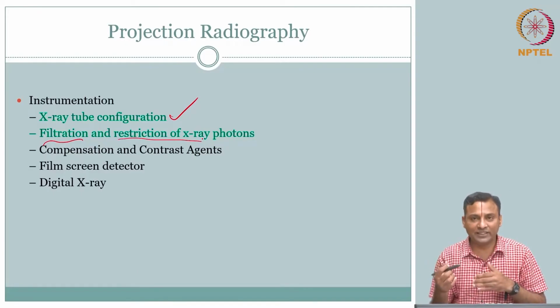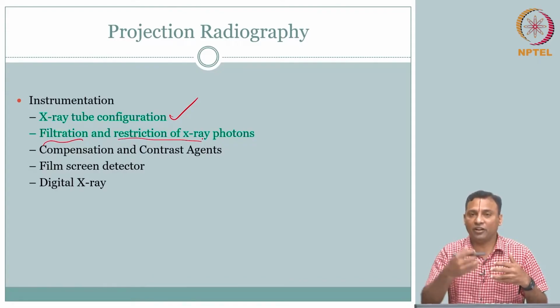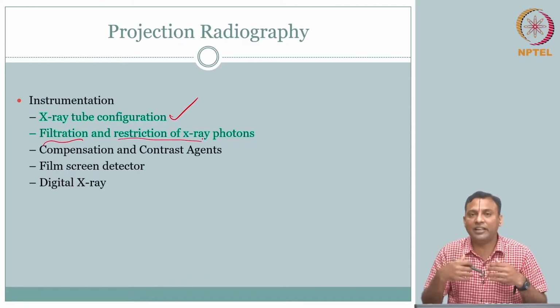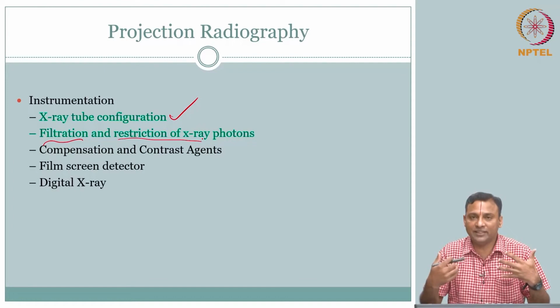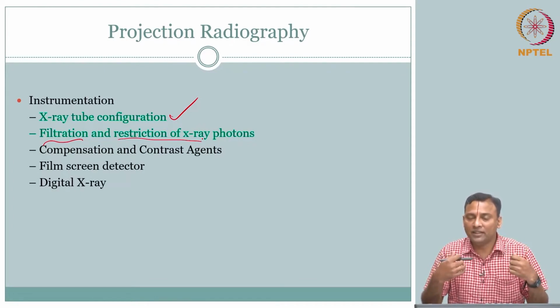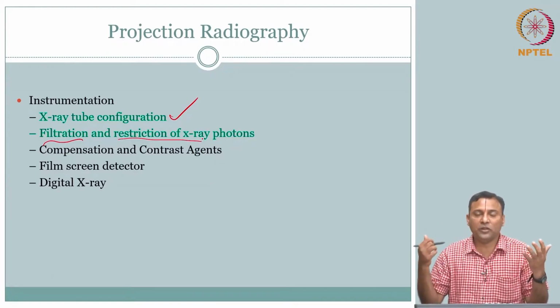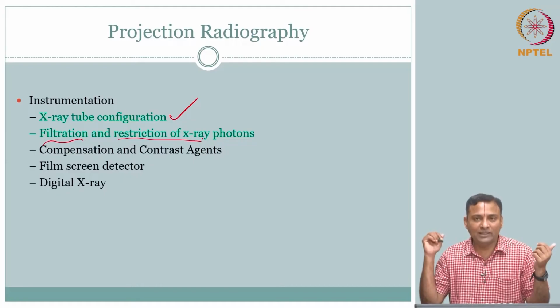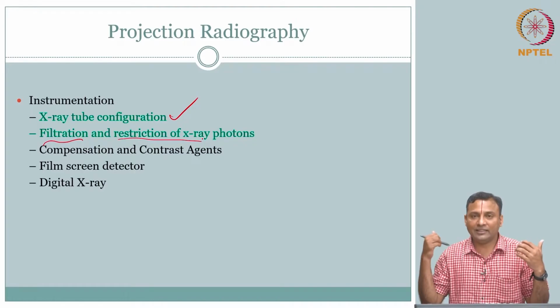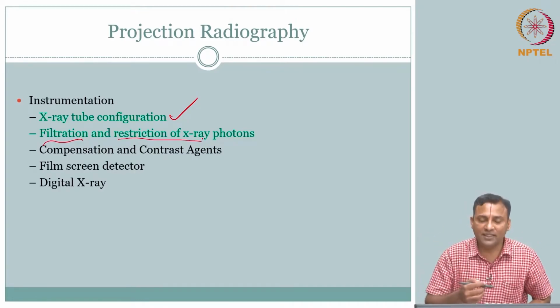So, even though the interaction of the X-rays that are coming with the tissues, the object, is governed by physics, our job here as engineers is to maximize the signal, minimize the noise, so that you can make a measurement that can be used reliably as an estimate of your underlying unknown.